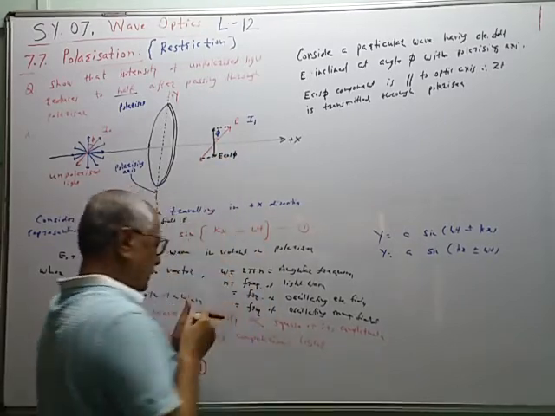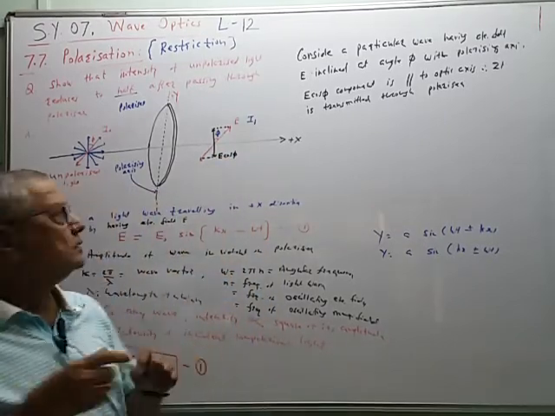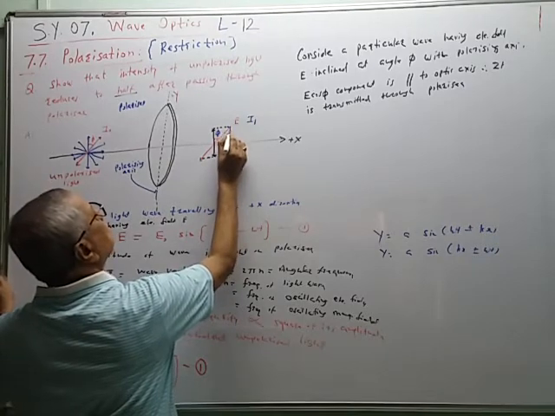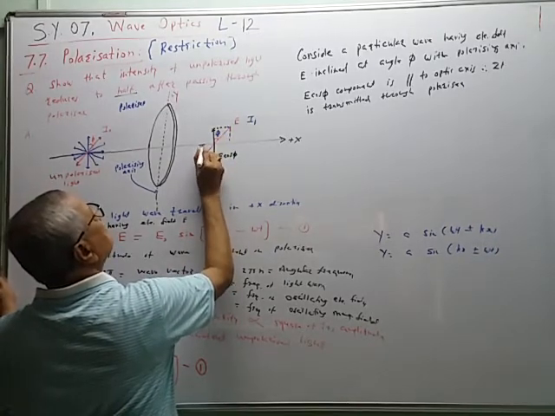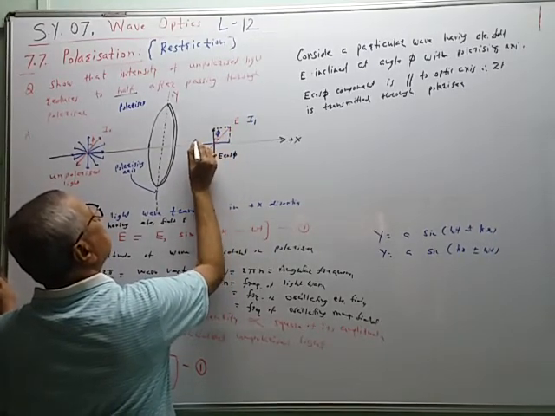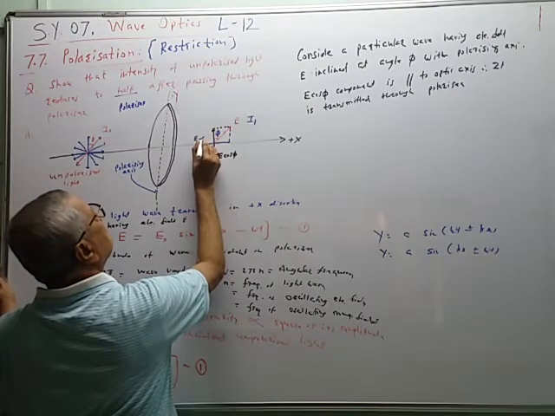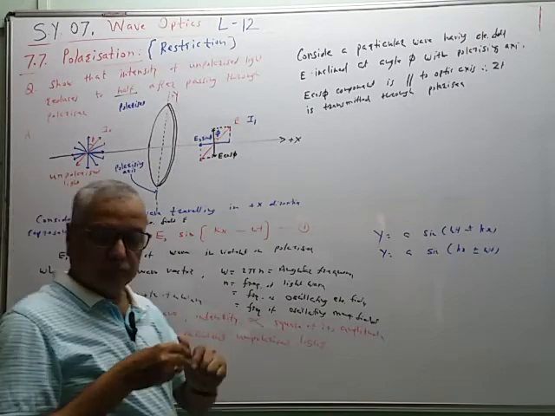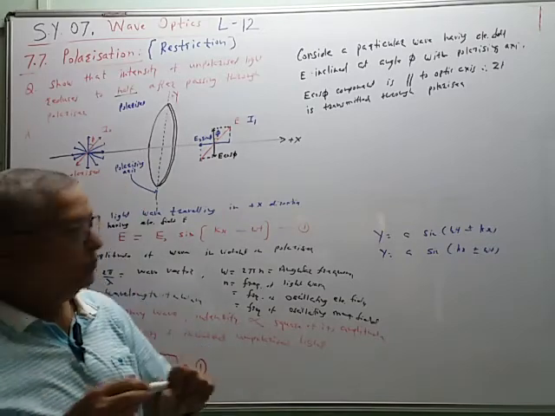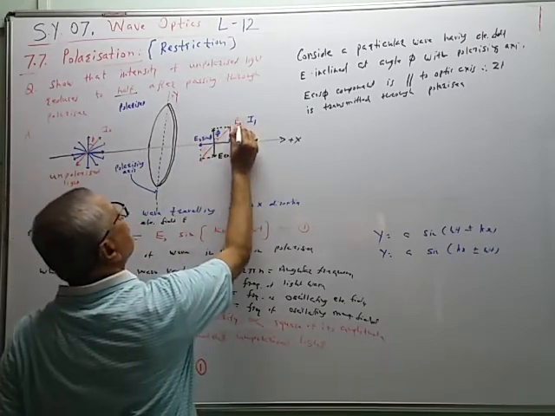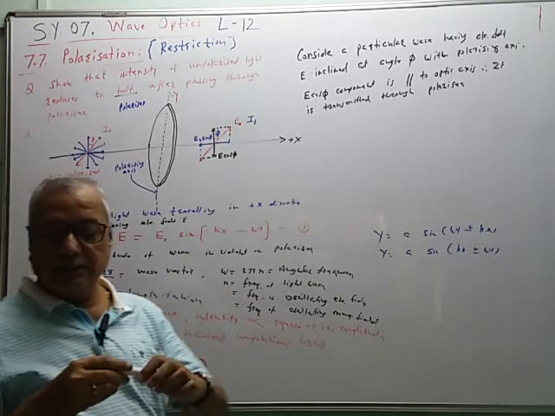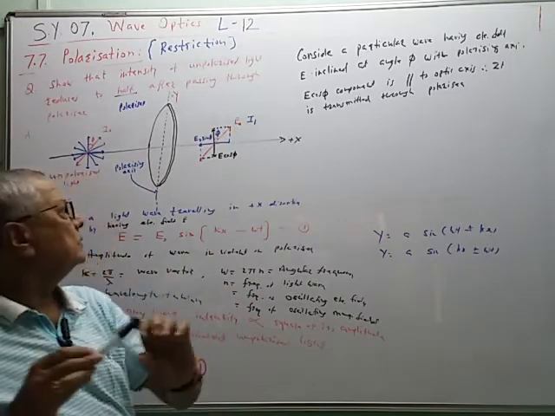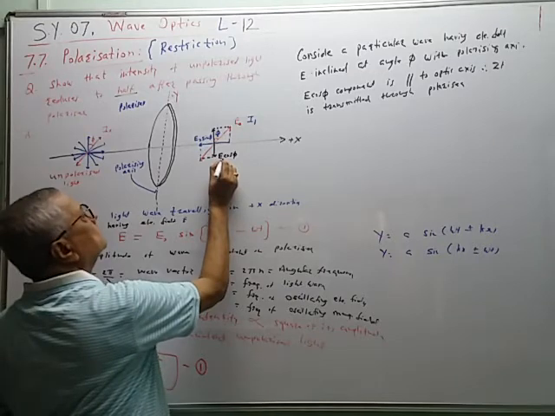And now, if we draw a perpendicular on the x-axis, this is the sine component. The sine component is completely absorbed. So this amplitude is E0, making an angle this, and this is E0 cos phi.